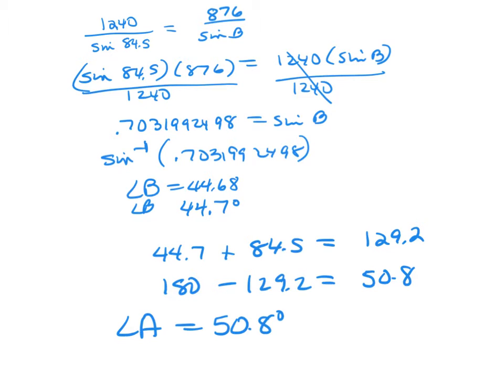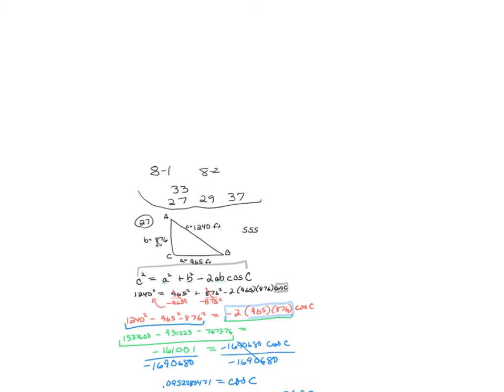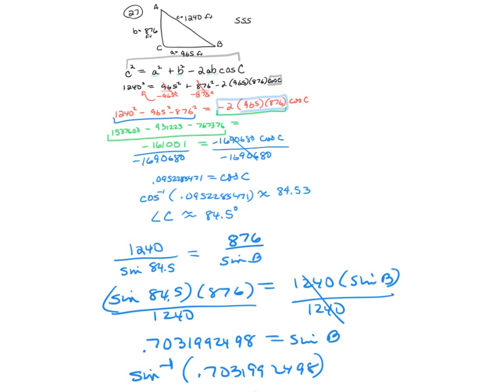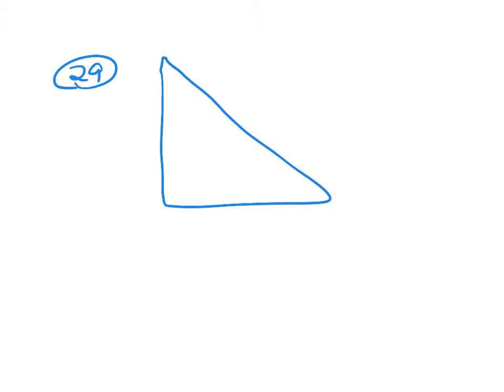I think that was number 28, okay, 29. For 29, let me go ahead and draw the picture. So A, B, C, and it says angle A is 80 degrees and 40 minutes.